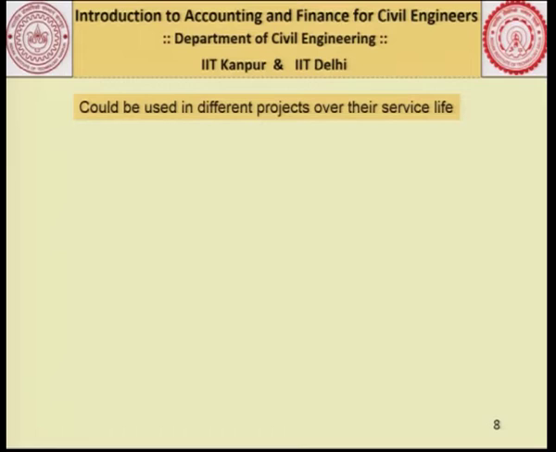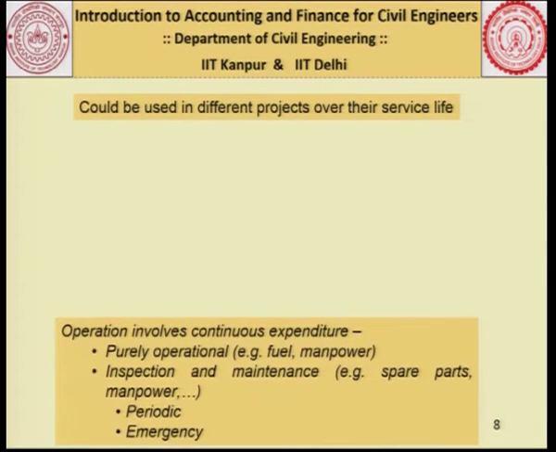Now, when it comes to the issue of equipments being used in different projects over their service life, we should remember that there are expenses that are involved continuously. Let us say this is the service life of the equipment. For this period it is used in project 1, this period it is used in project 2, this period it is used in project 3, and it may continue to be used even beyond that point in time. But that is something which we will talk about separately.